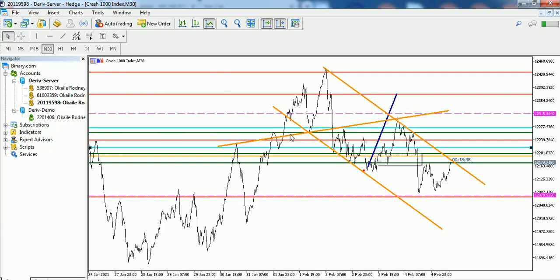Why did I draw this line? The market respected it here, also here, and a couple of times right there, going down. So I'm gonna mark also a channel with this one going up.